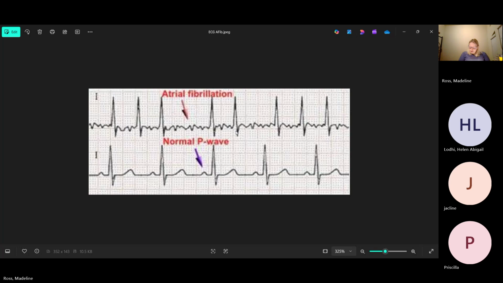I also really want to point out, it mentions that it's fairly common amongst the elderly due to heart disease or simple aging, 3% of the adult population. That is not correct. I looked it up.